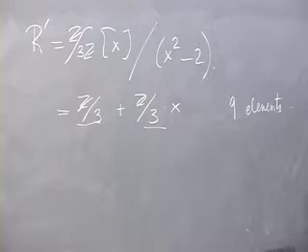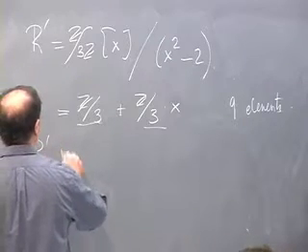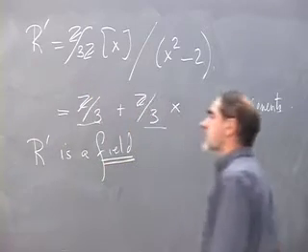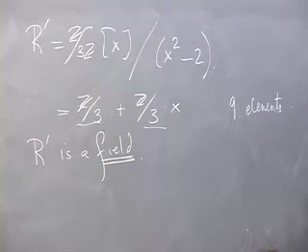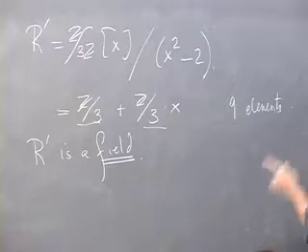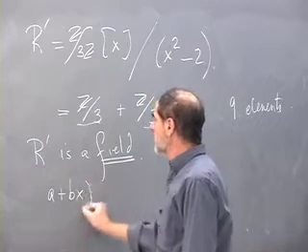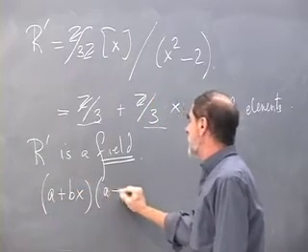Well, I claim that this ring is a field. Why is R prime a field? I claim it's a field because of the following. Imagine that I have an arbitrary element in it, a plus bx, and multiply that by the element a minus bx.